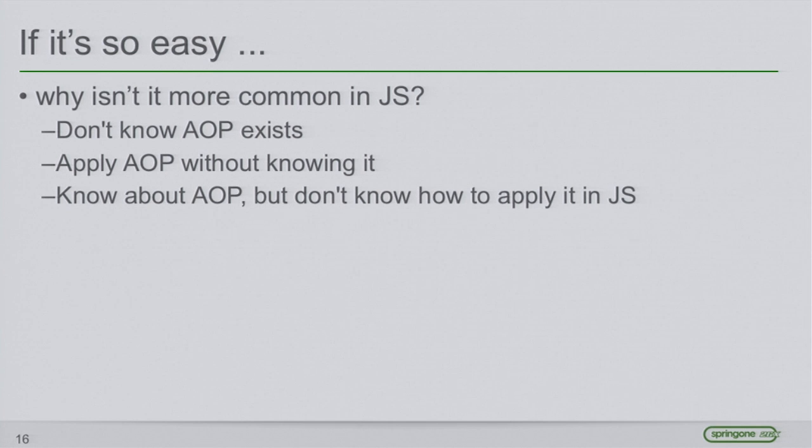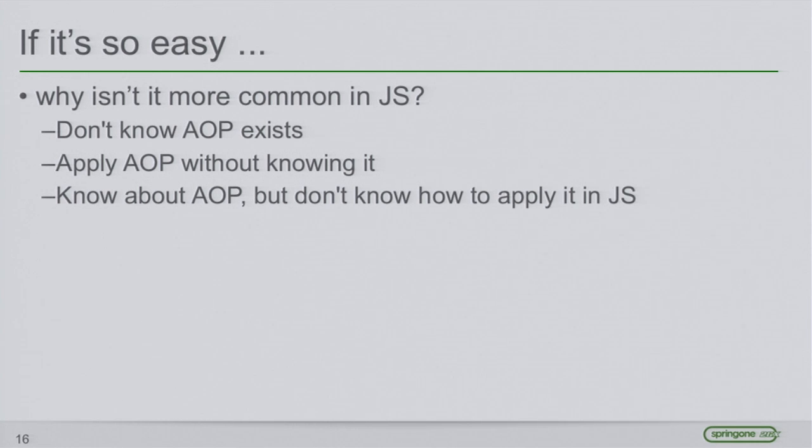Okay, so if it is easy in JavaScript, why don't we see it more often? I thought about this a lot, and I think there's really three reasons why. The JavaScript community is comprised of a vast number of very different groups of people. It's a very diverse group of engineers.